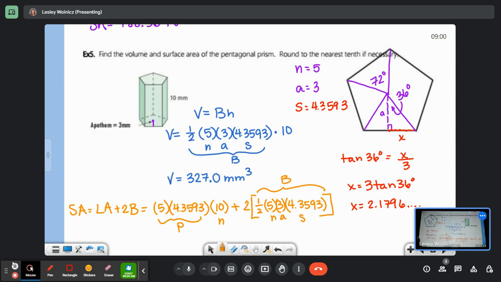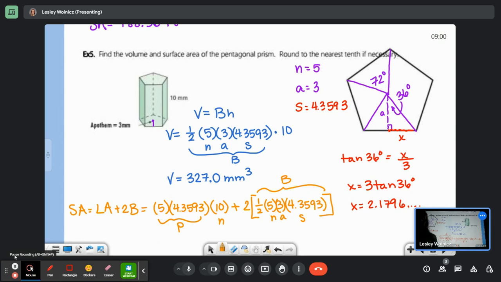Wait, when it says nearest tenth, does that mean the nearest decimal? The tenths place one. So I got like 0.69 and then something big after it. I got 0.94. I just kept that. Okay. Did I mess this up? I think I messed it up. I think it should have been 326.9.